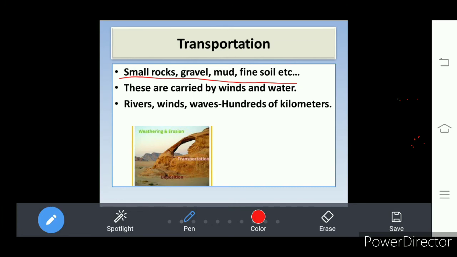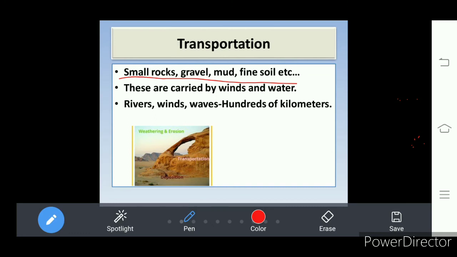So what is transportation? The eroded particles like small rocks, gravel, mud, fine soil are transported, meaning taken from one place to another place, sometimes hundreds of kilometers distance, and that is what we call transportation.